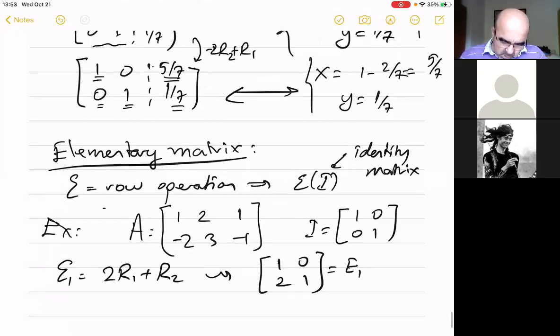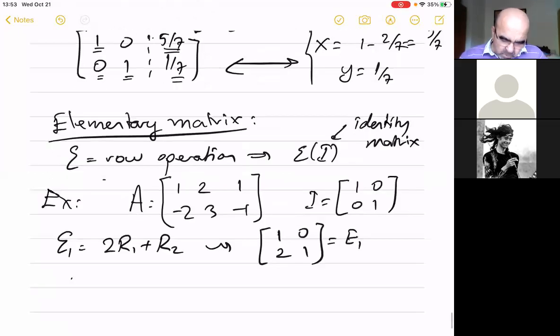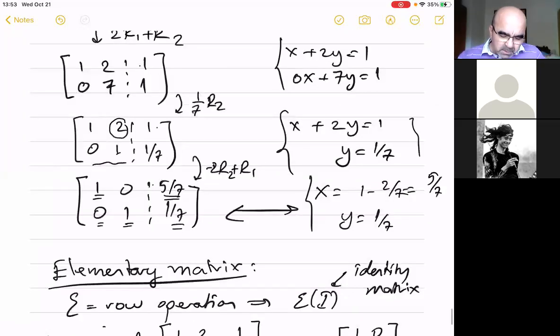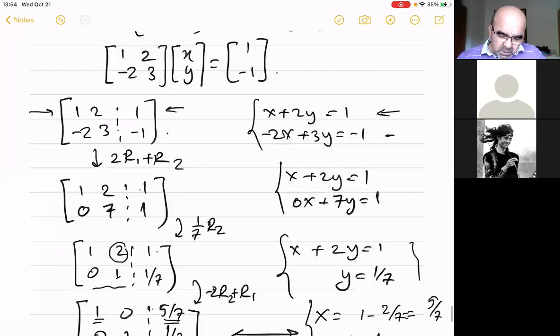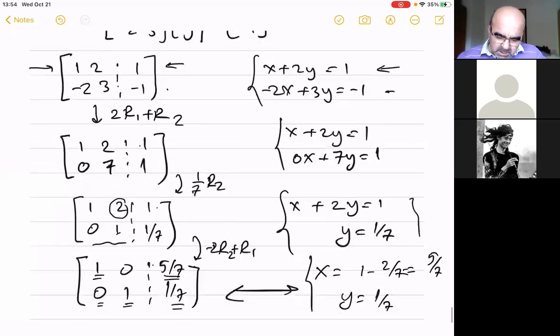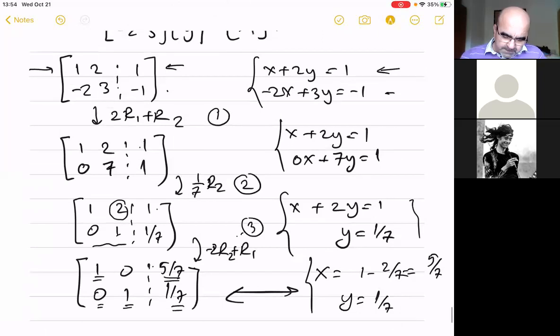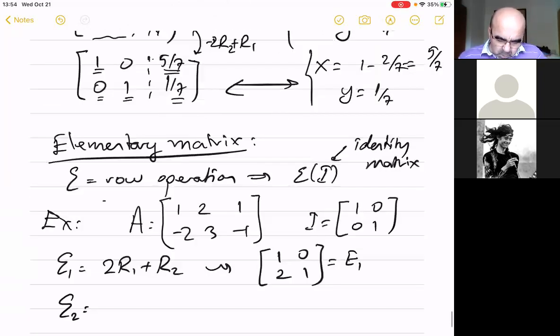Now, what was the second row operation above? The second row operation is 1/7 R2.